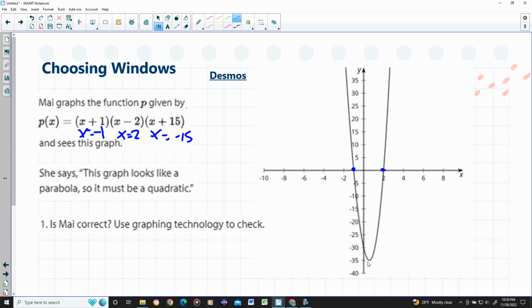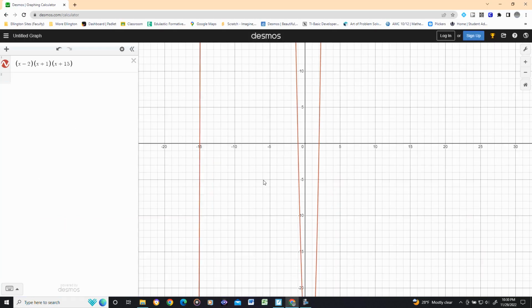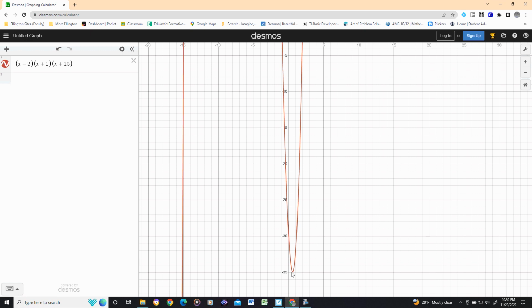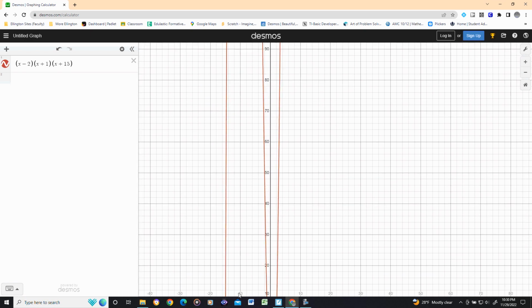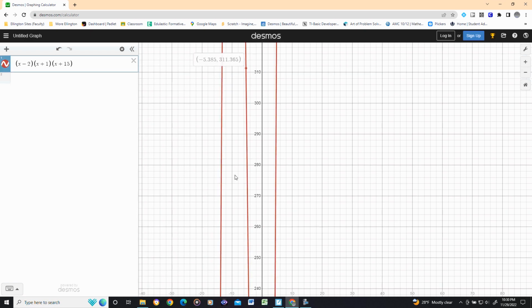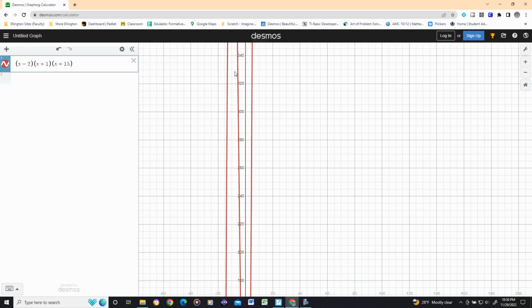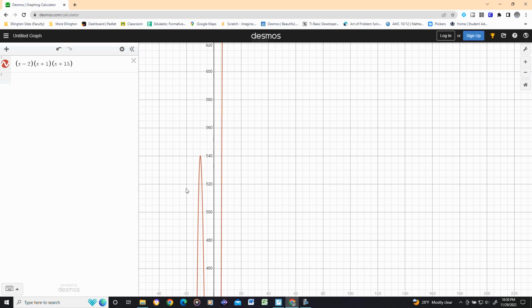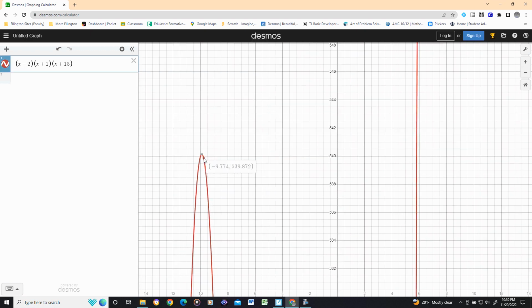So it turns out there is a local min at negative 35 that we pointed out here, right? It looks like that's the vertex of the graph, except that's a local min, and we're only looking at that section of the graph. And if we go all the way up again, the graph goes all the way up, and it looks like it's going up forever, but it turns out there is, in fact, at 540.141, a local max before it comes back down again.